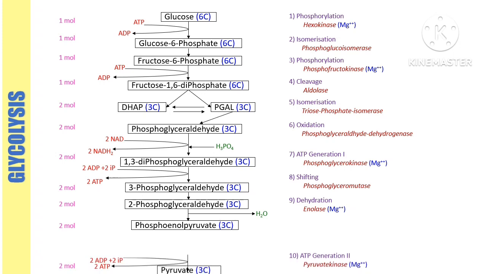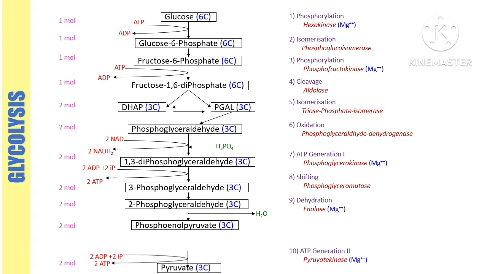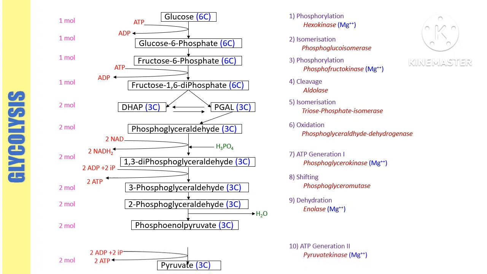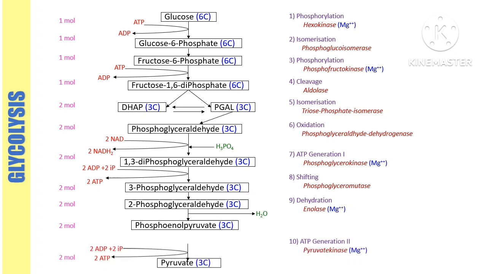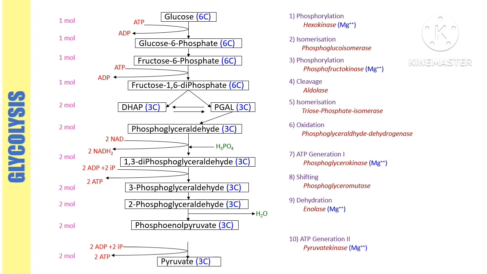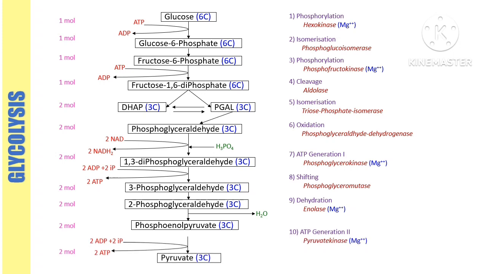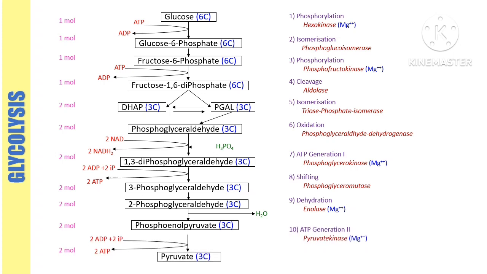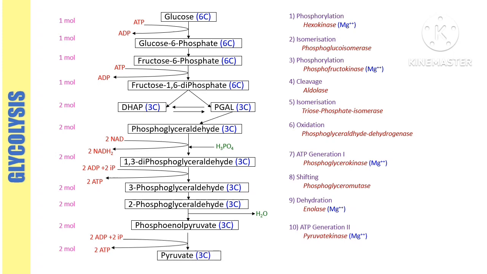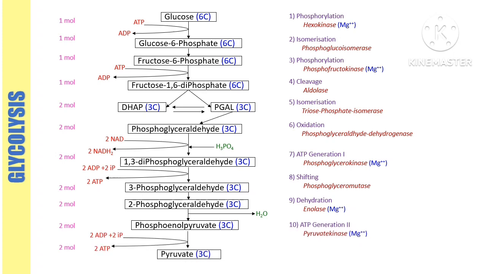Besides that, at the 6th reaction NAD is also reduced and 2 NADH2 molecules are prepared. From each NADH2 molecule, we get 3 ATP. That's why a total of 6 ATP are synthesized from these, and 2 and 2 make 4, so the total number of ATP synthesized in glycolysis is 10.